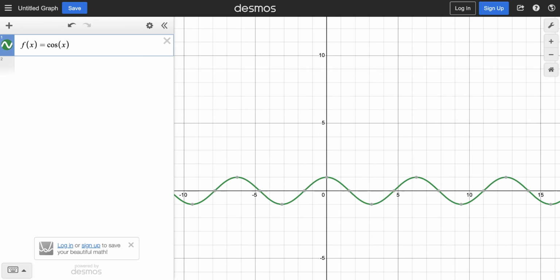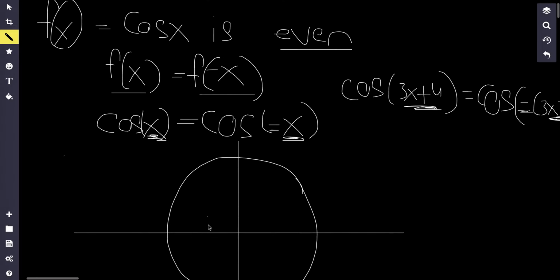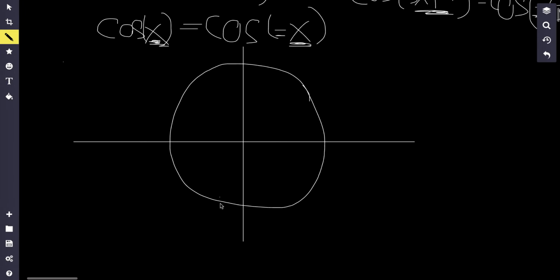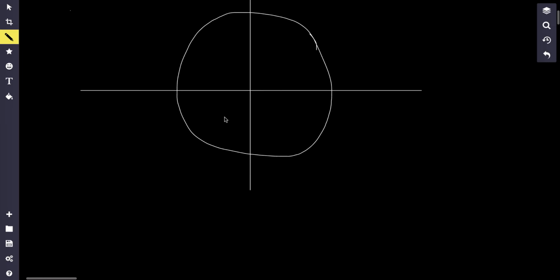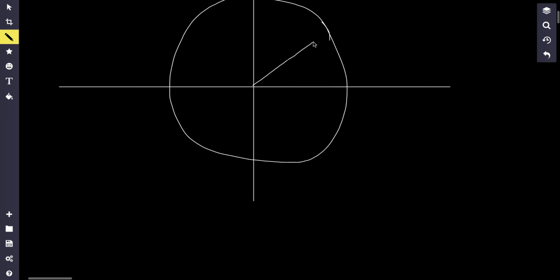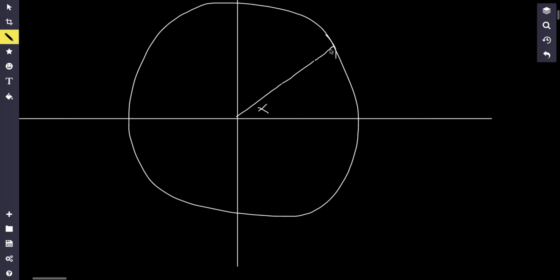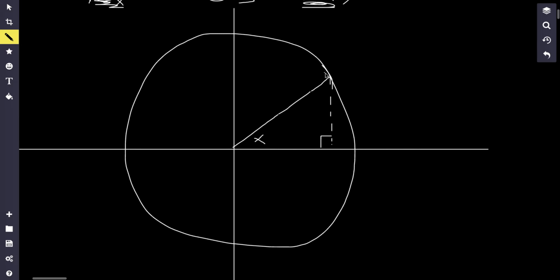I want y'all to get an intuitive understanding of this. So let's use the unit circle. Let's say we create an angle x on the unit circle. What I'm going to do is draw down an altitude. This creates a 90-degree angle.